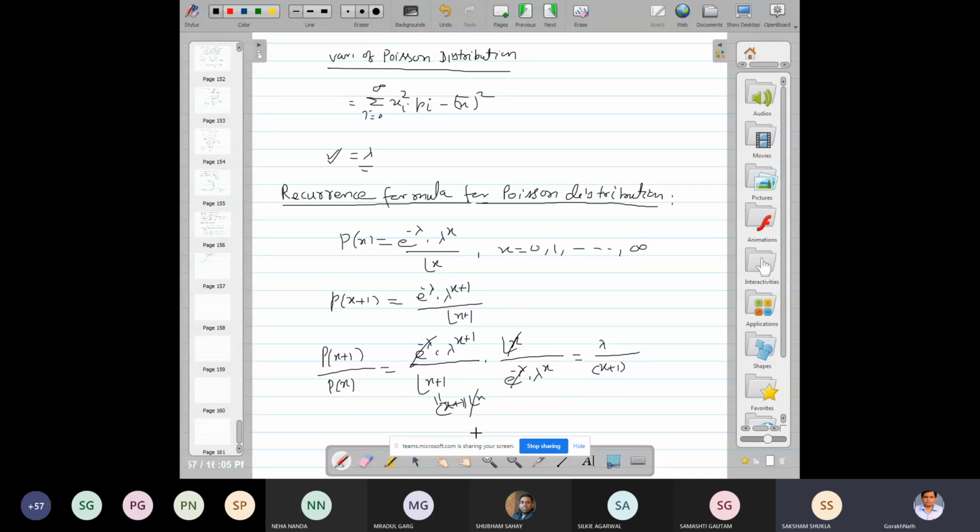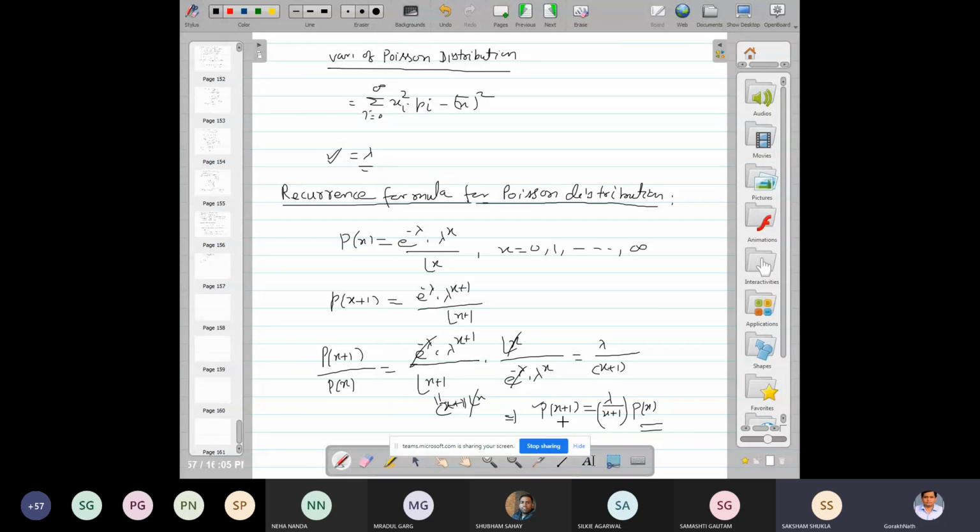That is how we obtain the recurrence formula: P x plus 1 is equal to lambda upon x plus 1 into Px. If we know P0, then we can obtain the probability of 1, 2, 3 and so on successes.